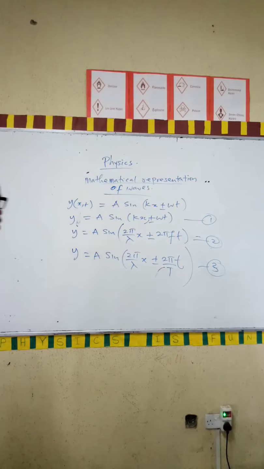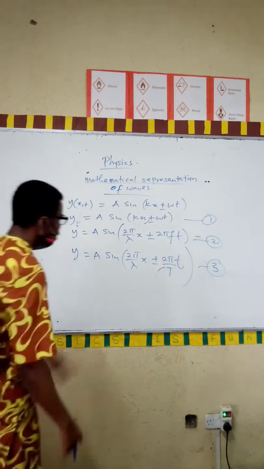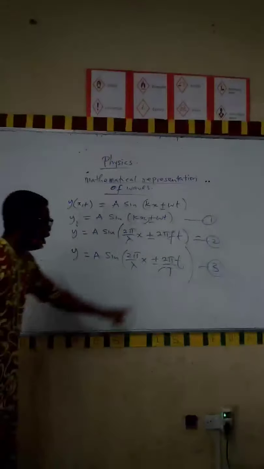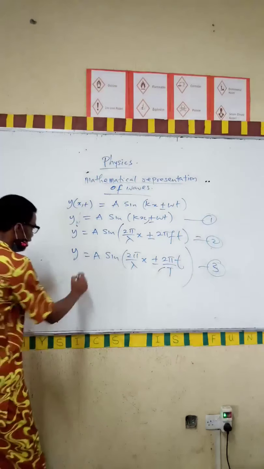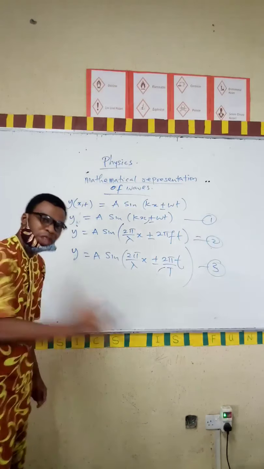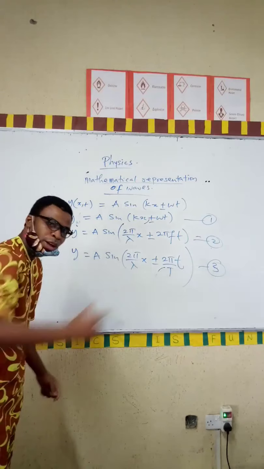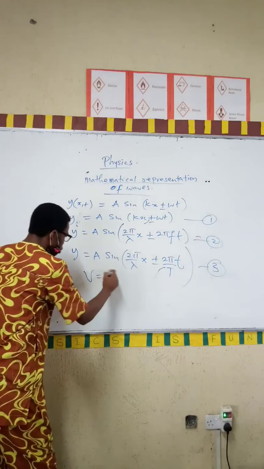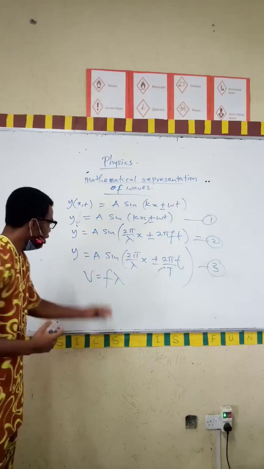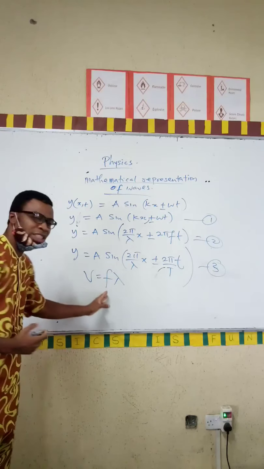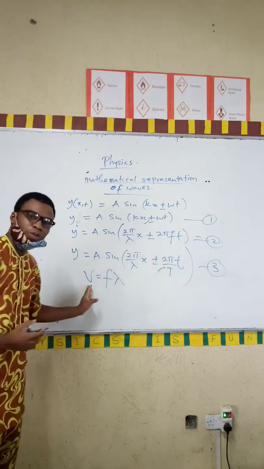Or we can also get another formula. We know that T is period, and we know from one of the special formulas in waves that v = f lambda, where lambda is the wavelength, f is the frequency, and v is the wave speed or wave velocity.